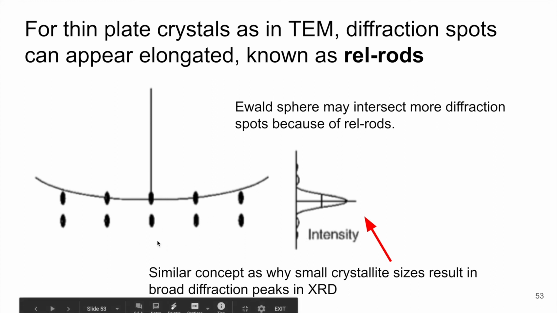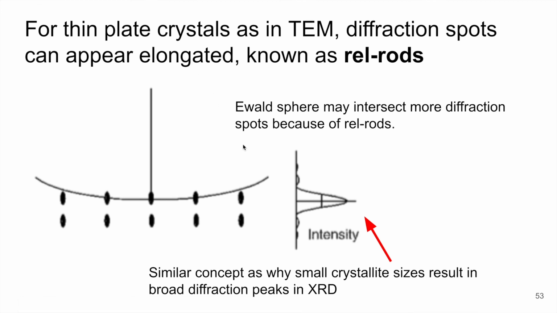We're getting elongation in one direction because of this thin plate. A thin plate meaning it's a very small crystallite in that one direction, and therefore we get elongation in that one direction. So if you're seeing these rel-rods, it's a relationship with these thin plates that we see in XRD. But again, same concept as crystallite size or the Scherrer equation that we talked about in XRD.